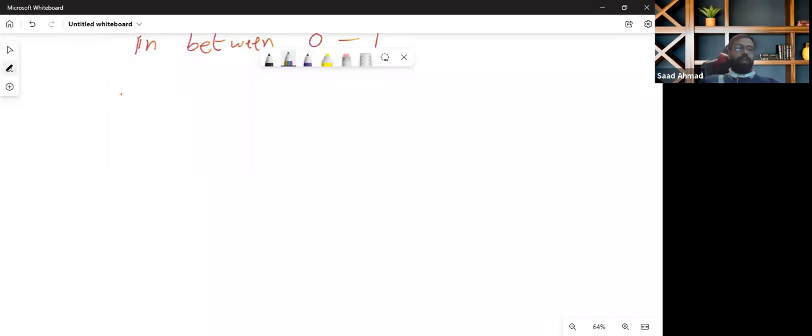Okay, so let's say the formula for an event, let's say E represents the event that can happen, all right? And the probability of E means the probability of the event to happen.